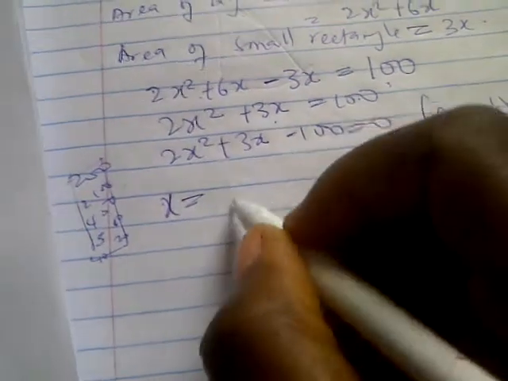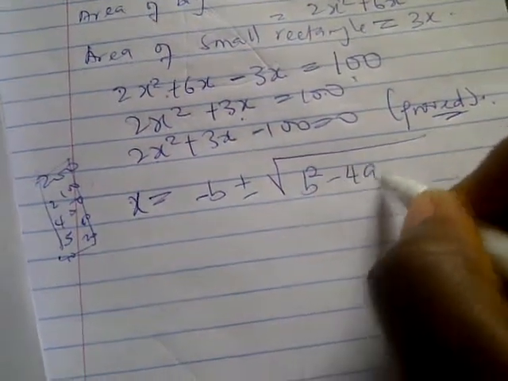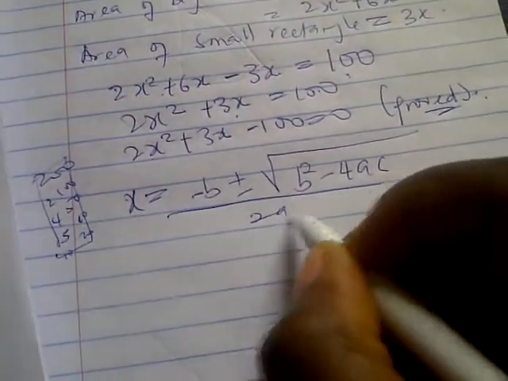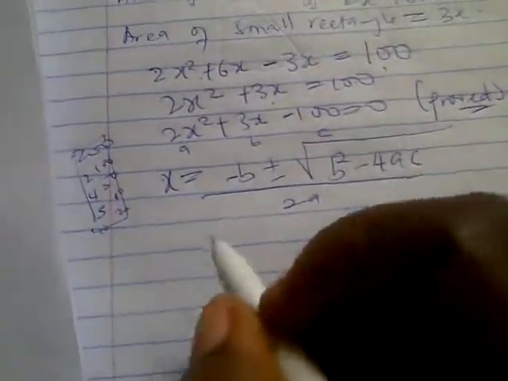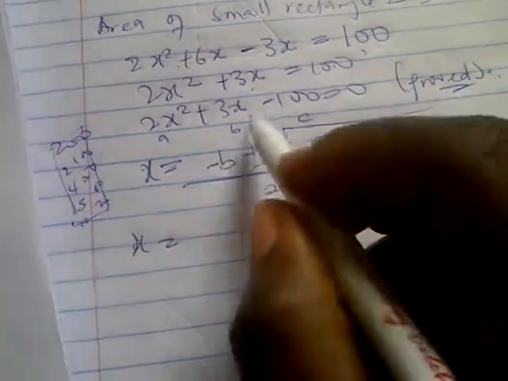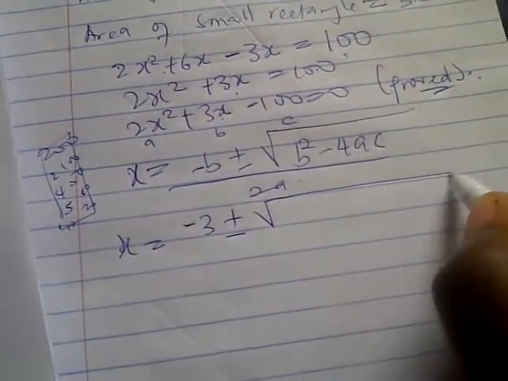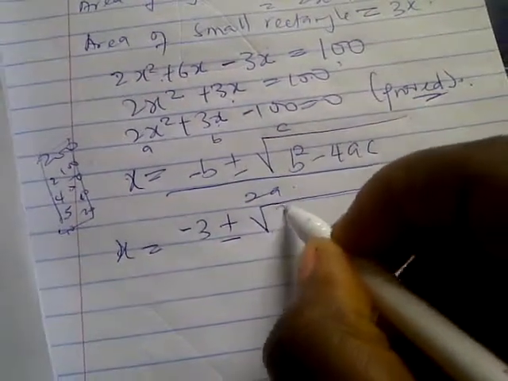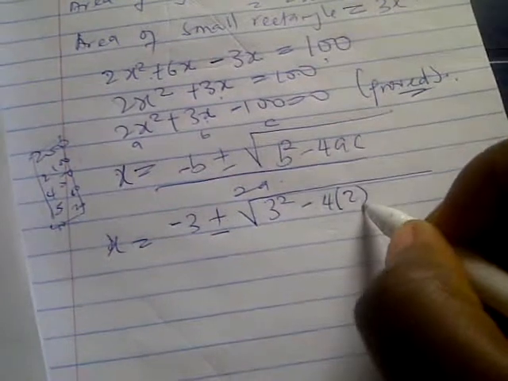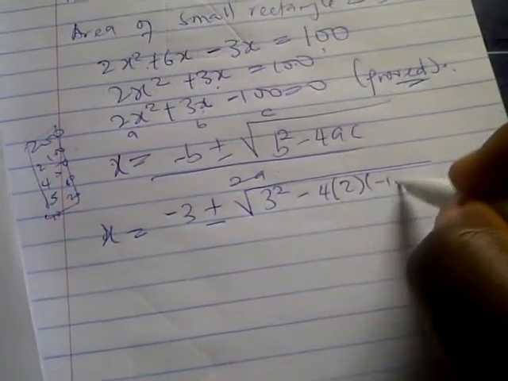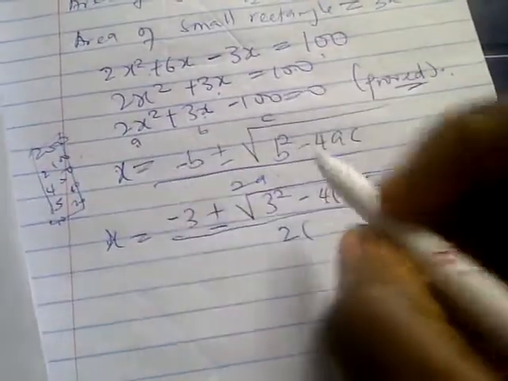The almighty formula says x is going to give you minus b plus or minus root of b squared minus 4ac all over 2a. This is our a, this is our b, and this is our c. Now b is 3, so you have minus 3 plus or minus root of 3 squared minus 4 into a is 2 and c is minus 100, all over 2 into a is 2.